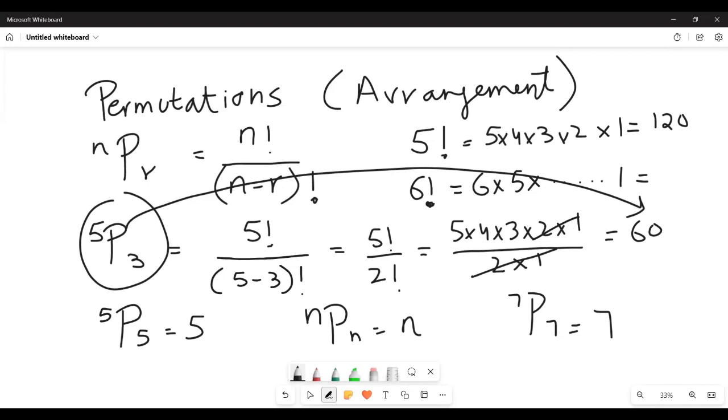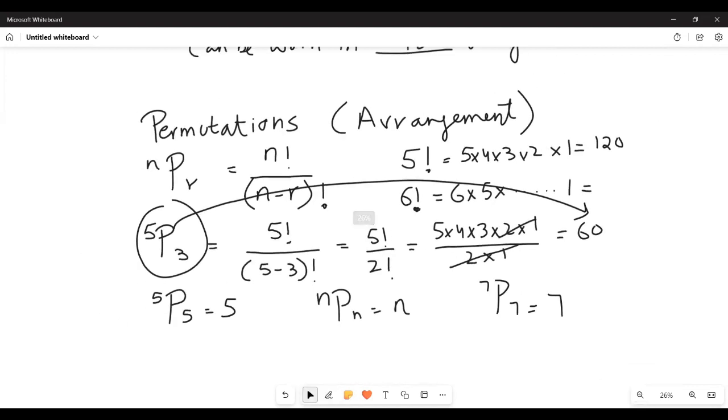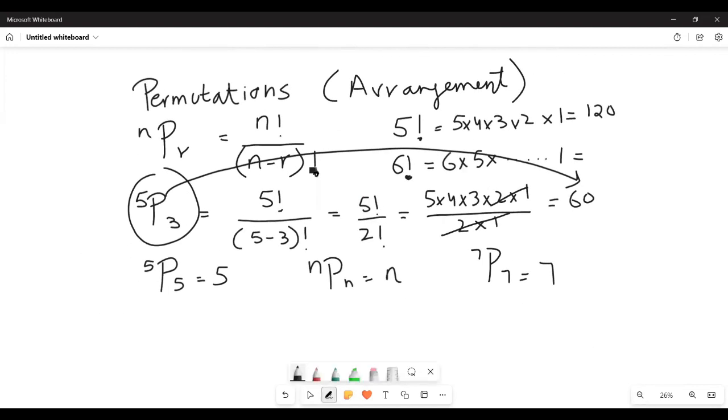Good question. It does become 0 factorial, but 0 factorial is 1. Check it in the calculator. That doesn't seem to make sense, but there is a full proof for it. I'll share it in the group. 0 factorial is always 1.